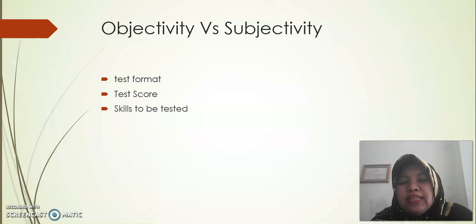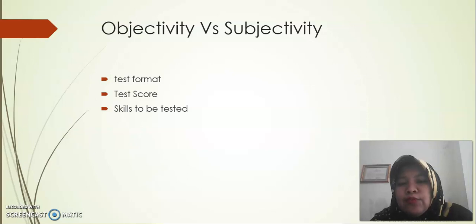Objectivity and subjectivity belong to two different kinds of tests: objective tests and subjective tests. The core difference between these two kinds of tests is the format, the score, and the skills to be tested.